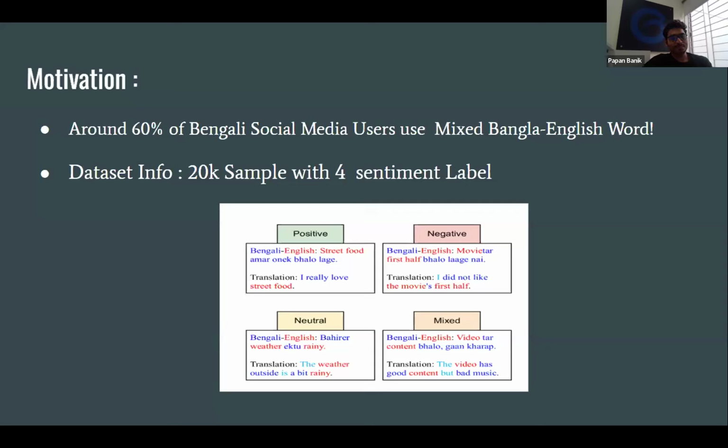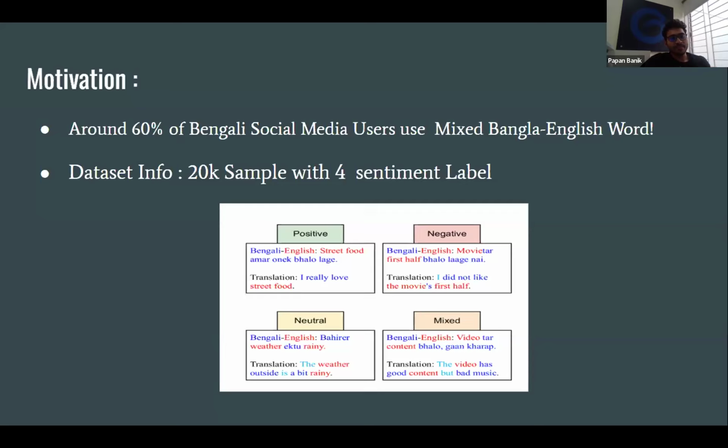As Bangladeshis, when we talk, we use Bengali English mixed text. This is a sample positive sentence, and there is another negative sentence like "movier fasal bhalo lage nai", which means the movie is not good. This is a simple sentence.